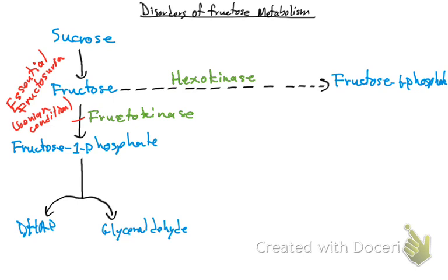The enzyme from fructose 1-phosphate to DHAP or to glyceraldehyde is called aldolase. You're right, aldolase B.